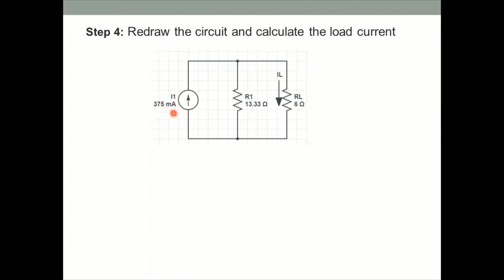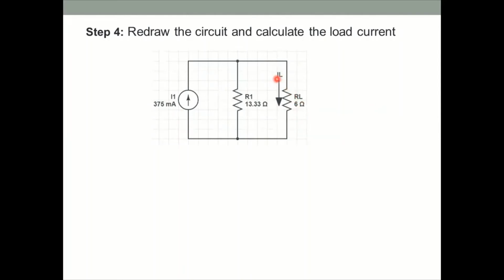So I'm going to mention it in terms of milliamperes here. So that's why it is showing as 375 milliamperes, which is connected in parallel with one resistor, that is Rn. This is nothing but your Rn value, that is 13.33 ohm, which is connected across the load resistor RL, right? So our RL value is 6 ohm.